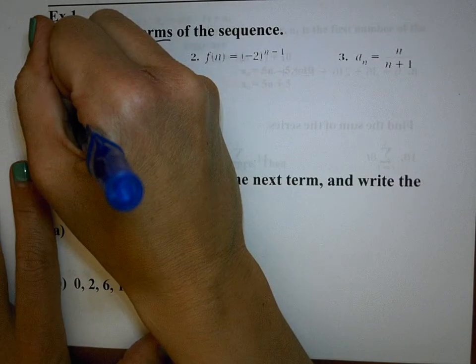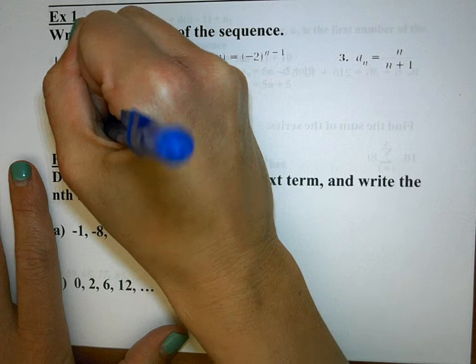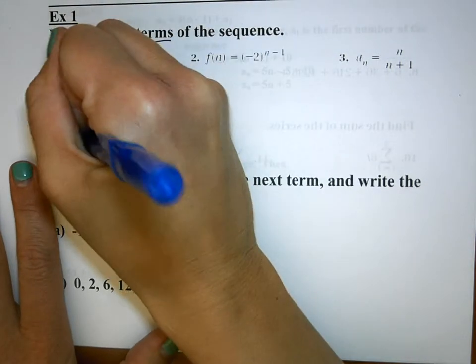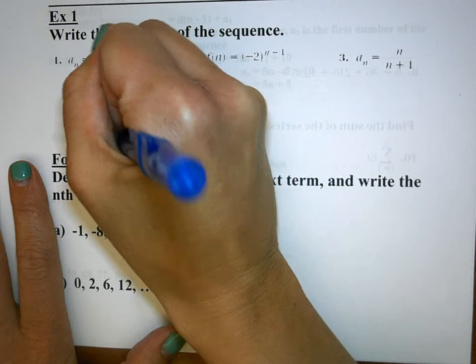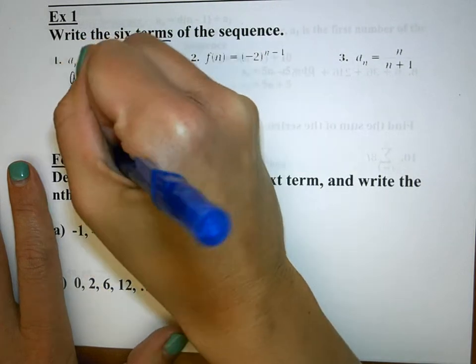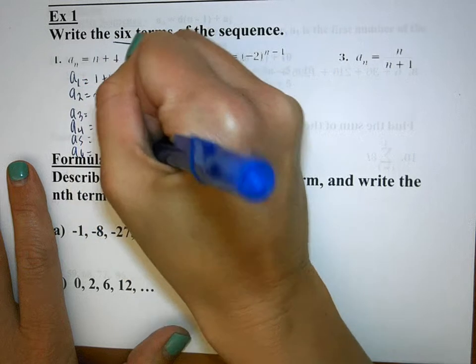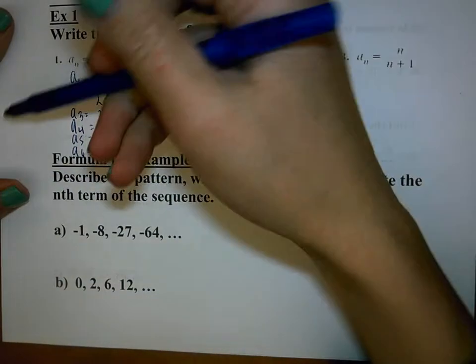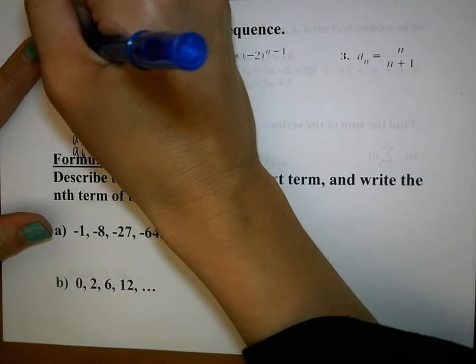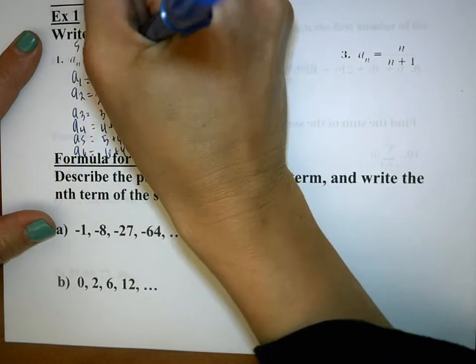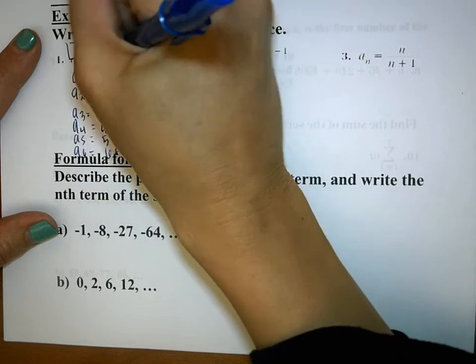And then I do the same thing for 4. 4 plus 4 equals 8. The 5th term, 5 plus 4 equals 9. And then my 6th term would be 6 plus 4, which equals 10. Normally you would write these like in a sequence. So I would write this as 5, 6, 7, 8, 9, 10. And that's my answer.